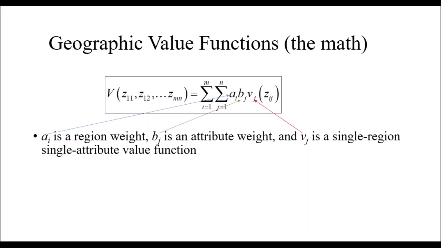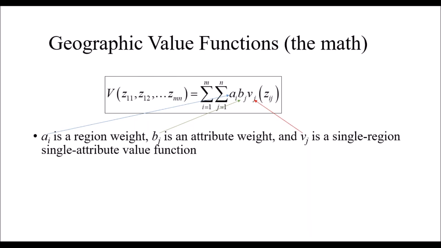So we need a set of weights for the regions, we need a set of weights for the attributes, and we need a single region, single attribute value function for each attribute. Right? So we'd have a single attribute value function for groundwater level or park area or pollution level or temperature, whatever attributes we're interested in, and that value function would have the same shape in every region.